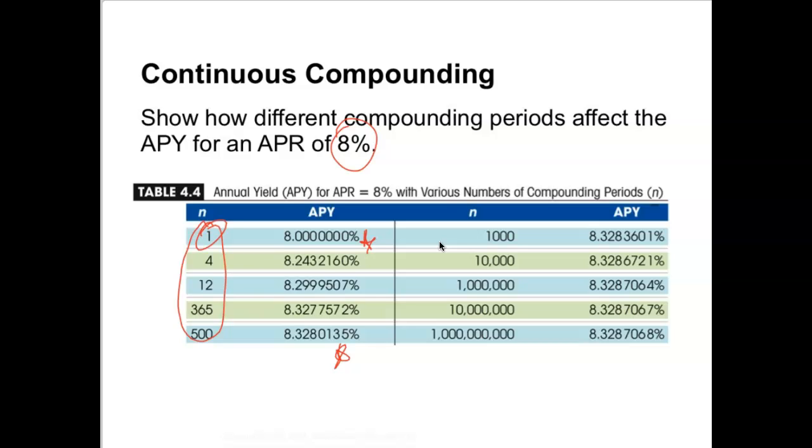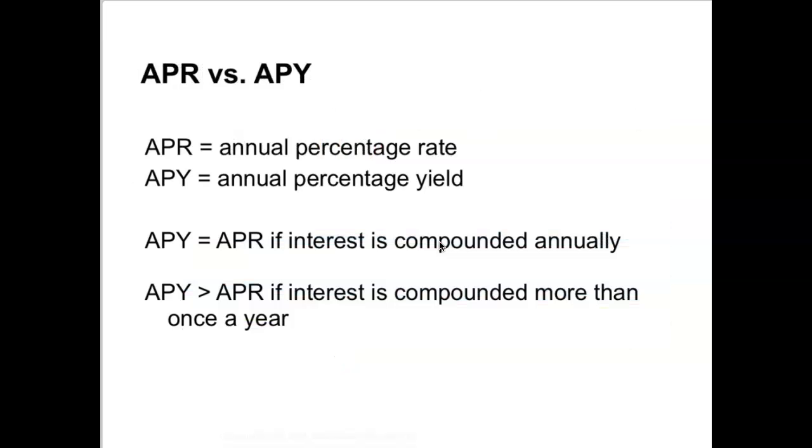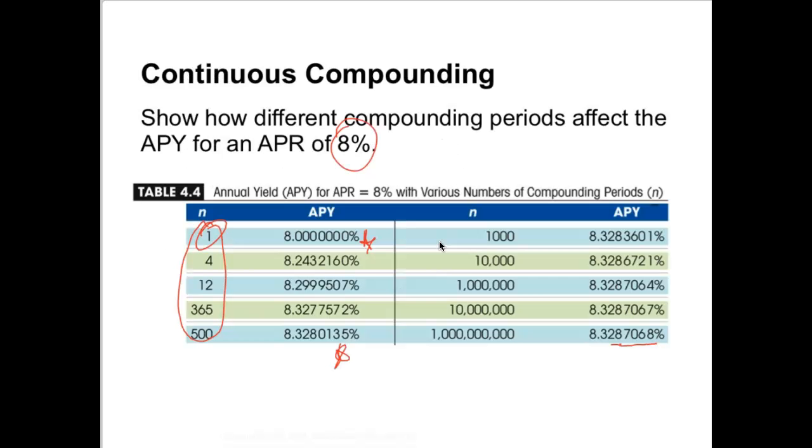When I increase the number of times it compounds, the APY increases. But you can see it's not increasing unbounded, meaning it's not really getting any bigger than 8.3. Now just the decimals behind 8.3 are changing, right? So there is a ceiling to how much it can increase.